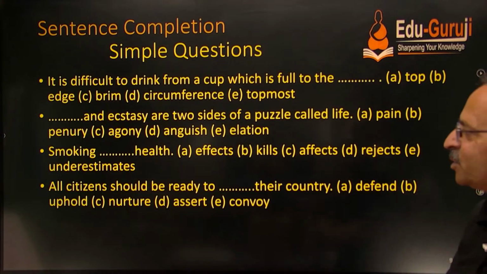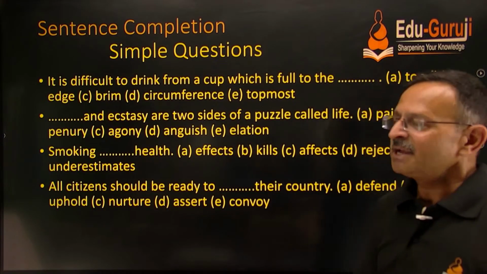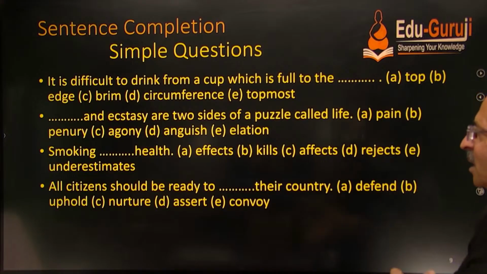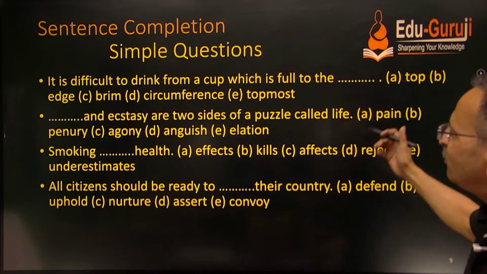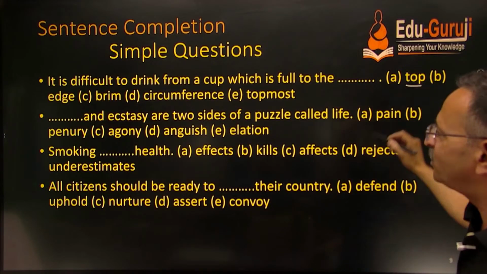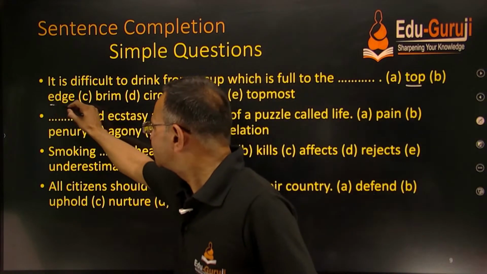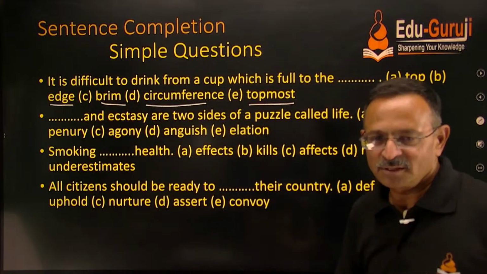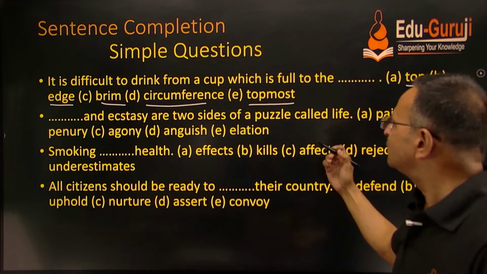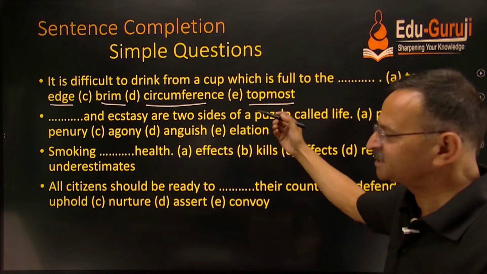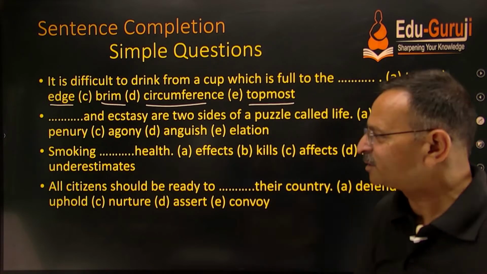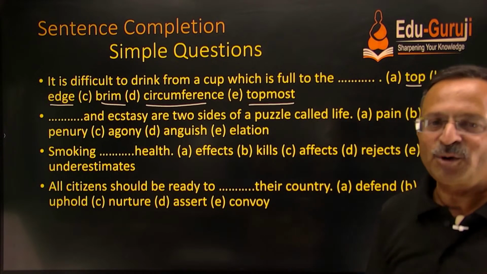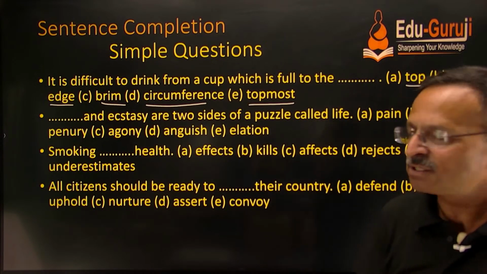Now, let's go to the next part, that is, it is difficult to drink from a cup which is full to the. Now you have the options: top, edge, brim, circumference, and topmost. So obviously, the cup will not have a circumference, or we are not talking about the circumference here, and we are also not talking about the topmost here.